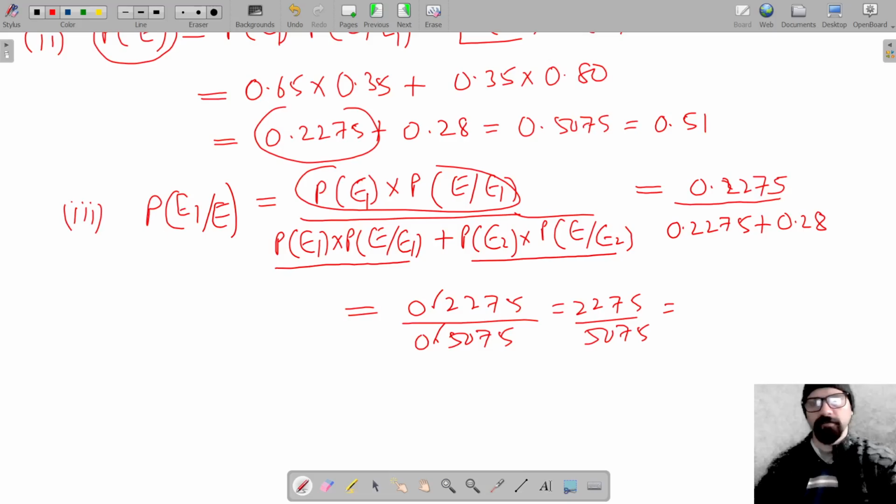So this comes out to be 0.448, and up to two decimal places, this should be 0.45.